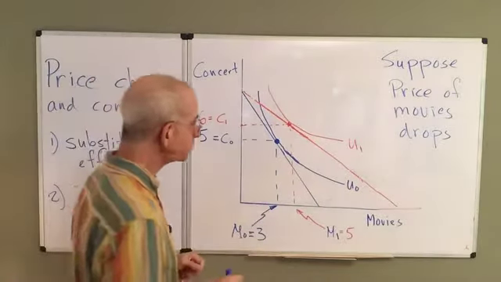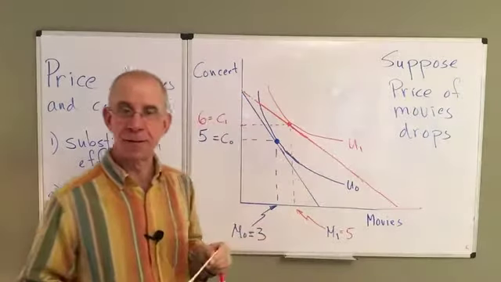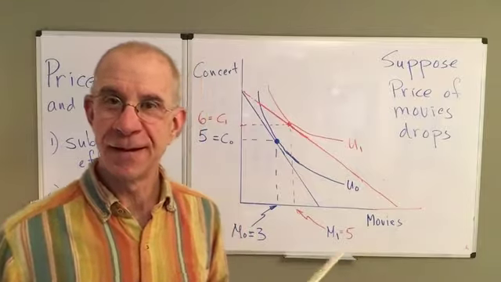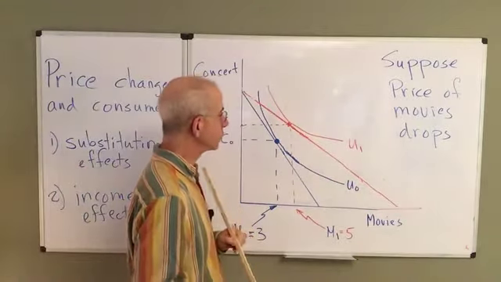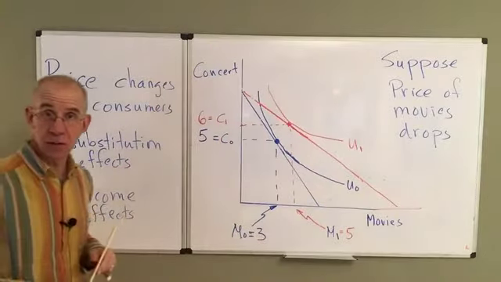Okay, so here's what we do. I'm going to use a handy prop for the one and only time in these lectures. Here's what we're going to do to isolate first the substitution effect.